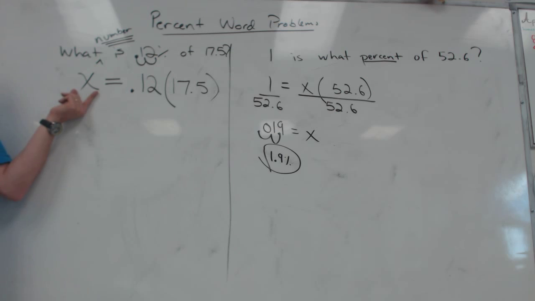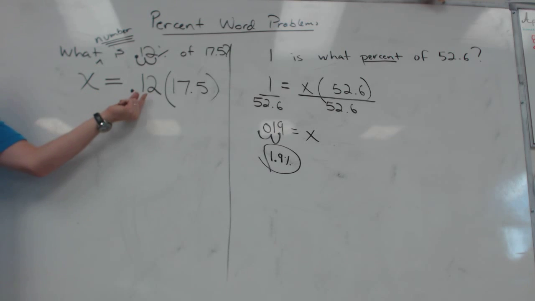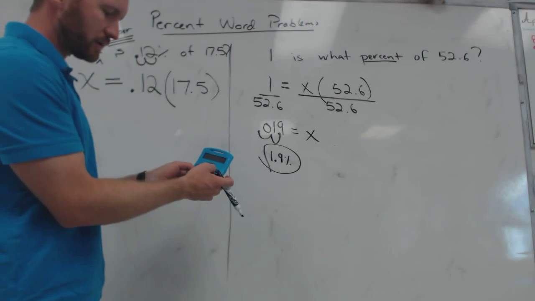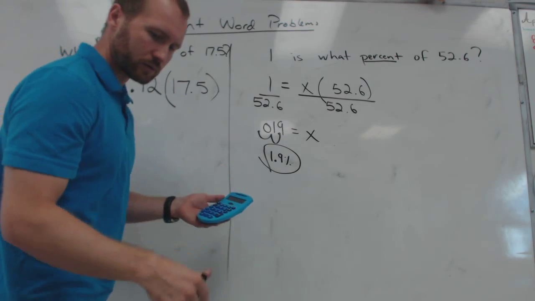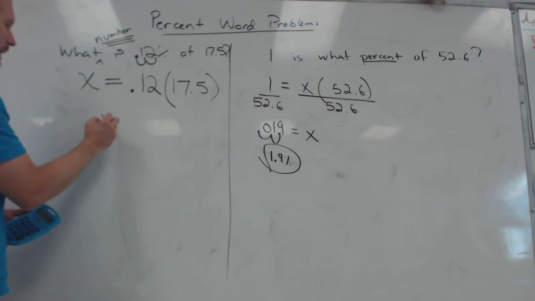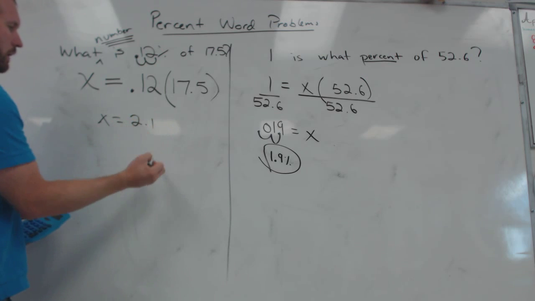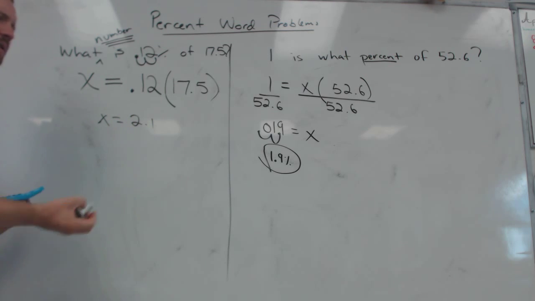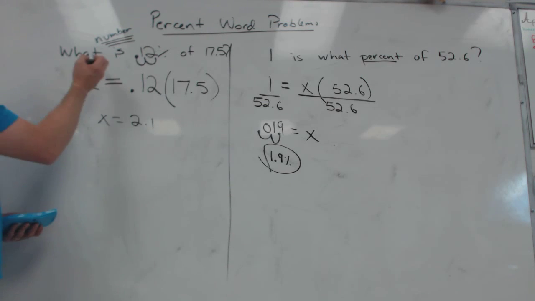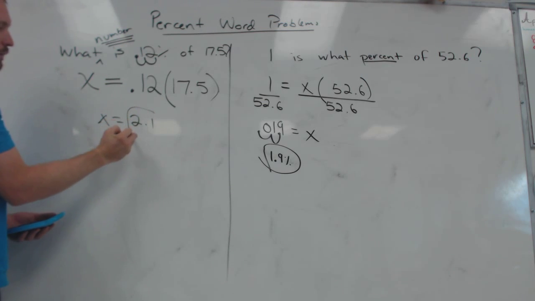Look, x is already all alone. All I have to do is multiply 0.12 times 17.5. 0.12 times 17.5 equals 2.1. X equals 2.1. Do I have to convert that into anything? No. Because I remember that they're asking me what number.